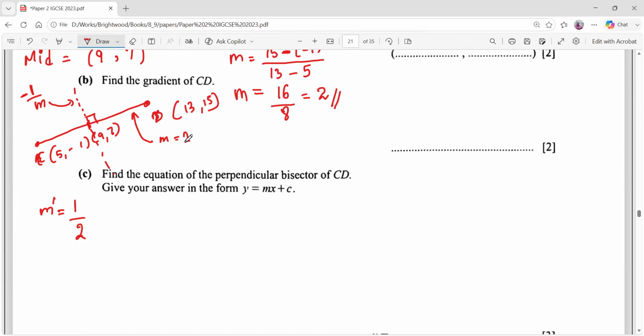If this one is positive, it becomes negative. So it is negative 1 over 2.